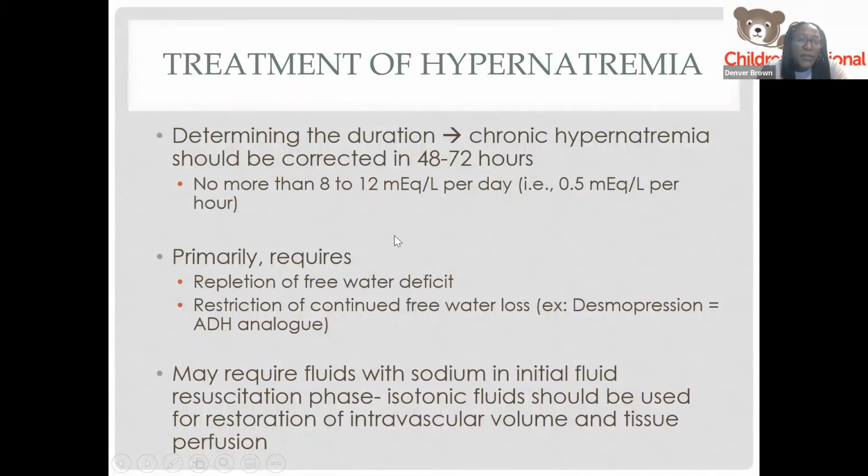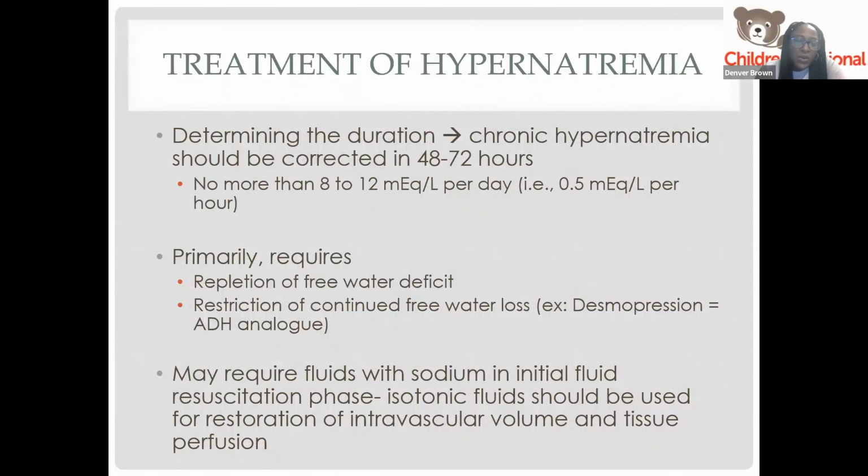Treatment really for hypernatremia revolves around repletion of a free water deficit, because we said that in these states of hypernatremia, it's not necessarily that you are taking in too much salt, it's more that you're losing too much free water. So that's why treatment relies on replacing your free water deficit.